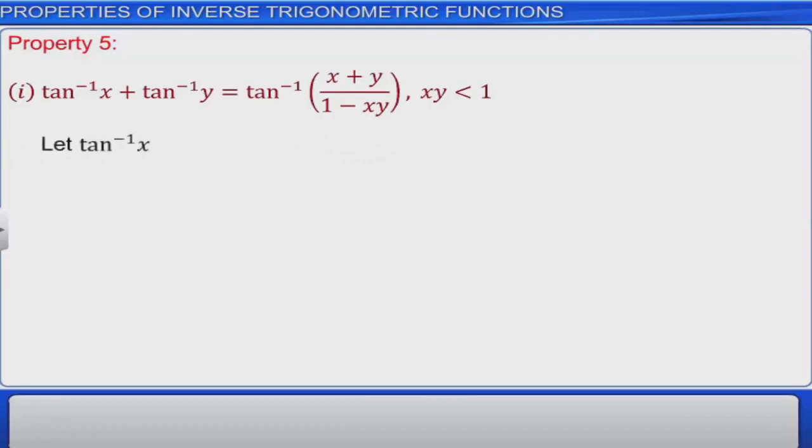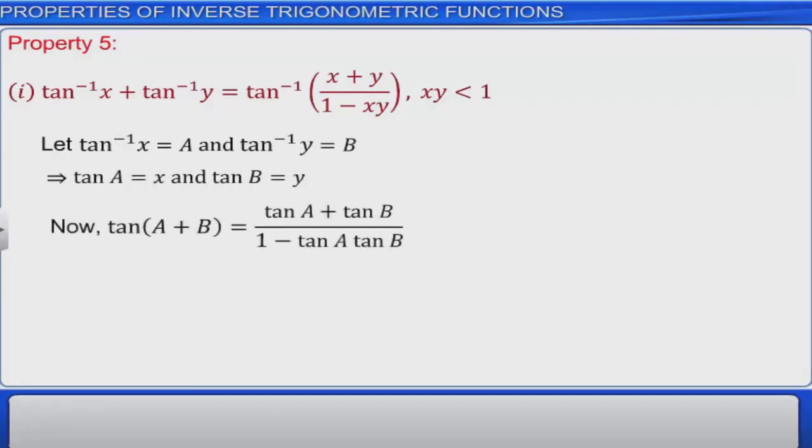Denote tan inverse x by a and tan inverse y by b. This implies tan a is equal to x and tan b is equal to y. Now, tan of a plus b is equal to tan a plus tan b upon 1 minus tan a into tan b. Substituting the values of tan a equal to x and tan b equal to y in the equation, we get tan of a plus b is equal to x plus y upon 1 minus xy.